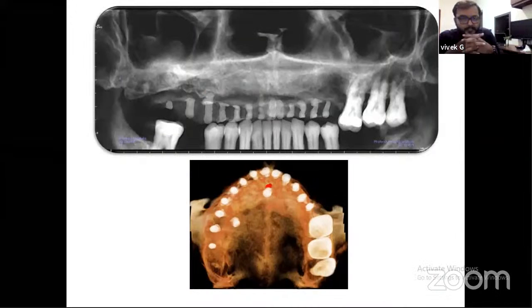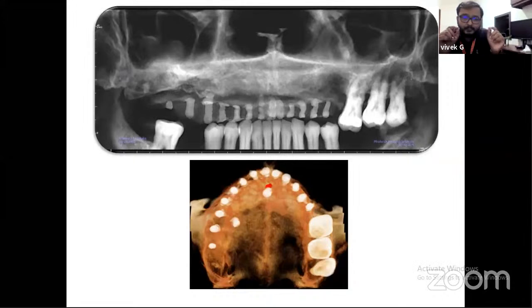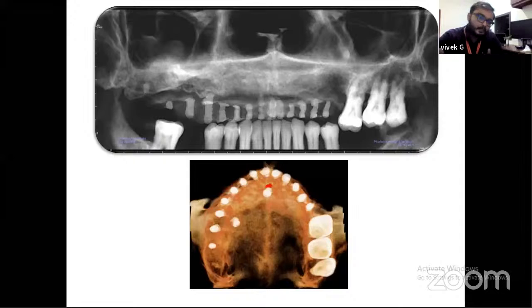Now, if it is a multi-implant placement or a completely edentulous arch, we always ask our implantologists to give us certain radiographic markers which can be put on the base plate or the existing dentures of the patient. These radiographic markers help us identify the areas where the implantologist requires to put the implant. This will guide not only us, but it also will guide you to proper implant planning.